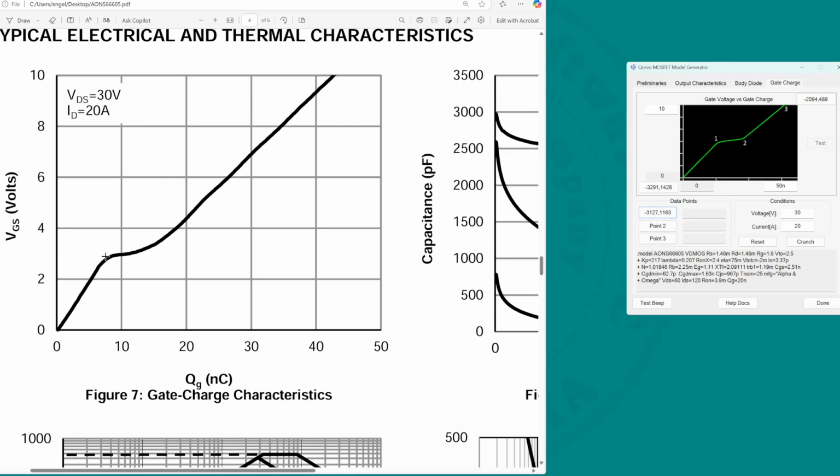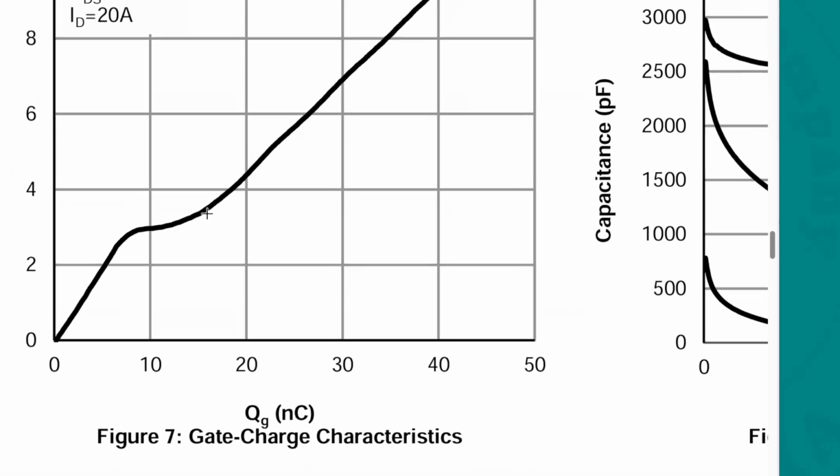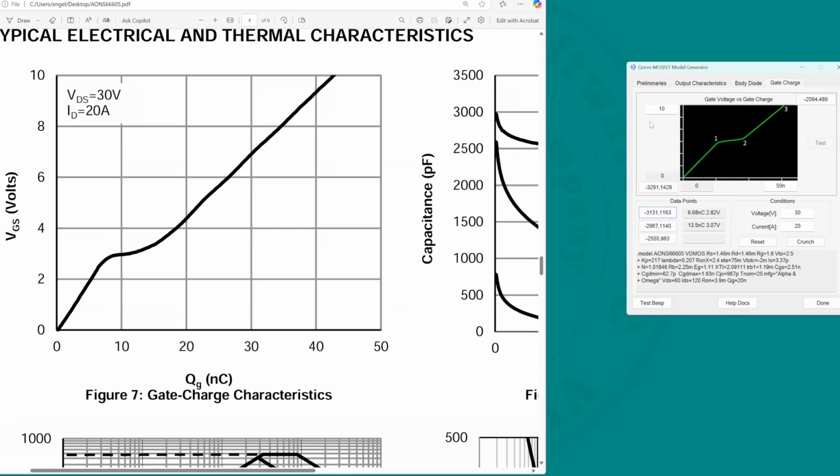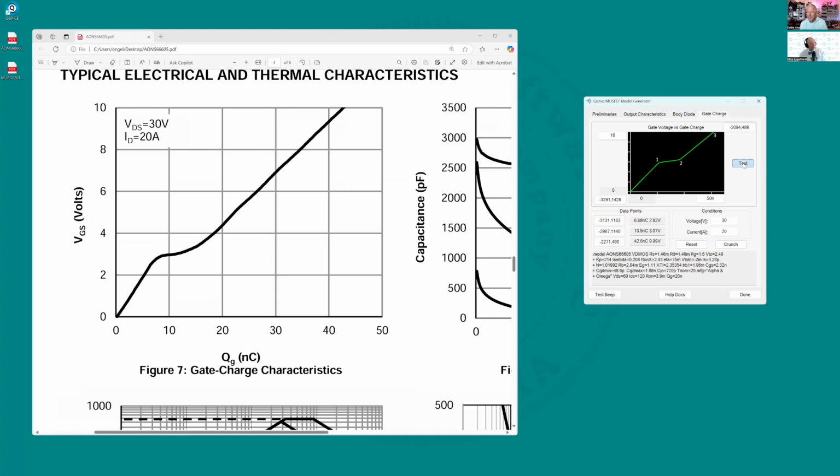And I try to imagine the asymptotic intersection of the 2 straight line sections I'm making to be about there. This one would be about there, and then 0.3 is here. And let's crunch. That's the full model. Let's test it.